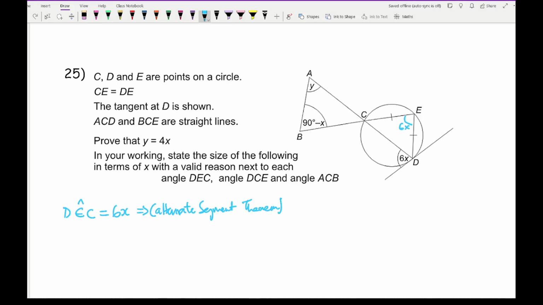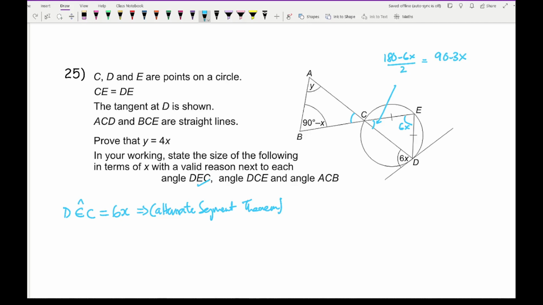Now in terms of angle DEC, which is what I've done, DCE, which is this angle here, and ACB, which is this angle here, well, this angle here is going to be 180 minus 6x, divided by 2, because it's an isosceles triangle. So then that's going to be 90 minus 3x.